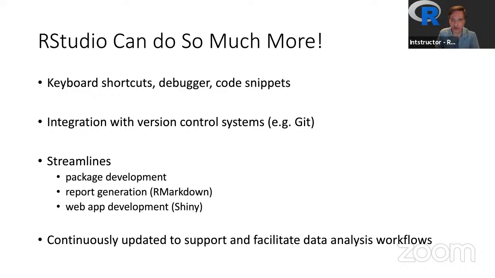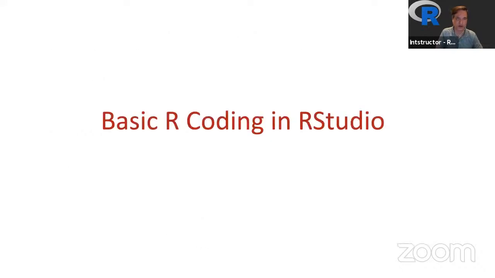If you are familiar with version control systems like Git or Subversion, RStudio can interact with those. That's a more complex topic, so don't worry if that doesn't make sense. It streamlines the whole process of writing code. You can develop packages in RStudio. You can write interactive, reproducible reports and web apps, and it's constantly being updated. So in RStudio there's a ton there. We're just going to scratch the surface, but you can really dig in. There's a lot there to do.